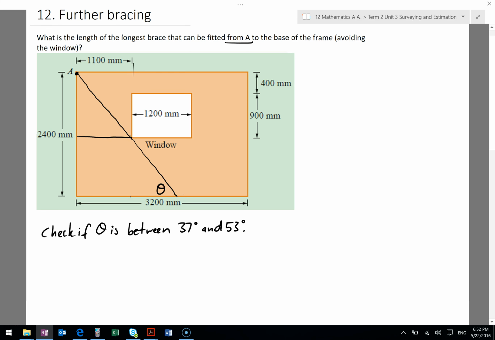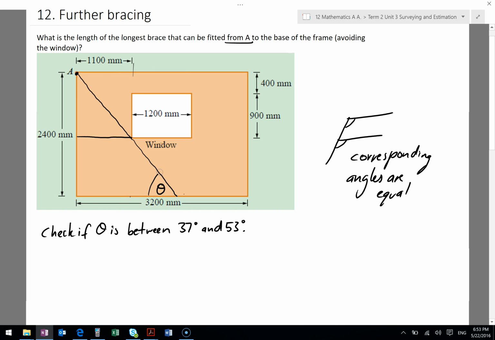This one is, remember from year 8, this F. So corresponding angles are equal. Which means that this angle that the brace makes with the horizontal will be the same as this angle up here. So I'm going to find theta using that angle up there.